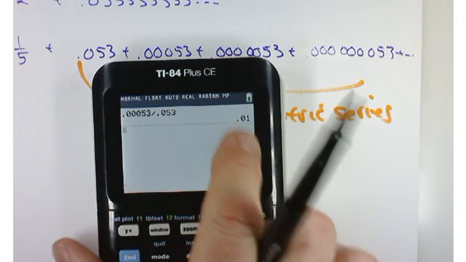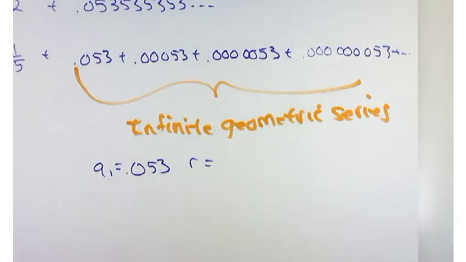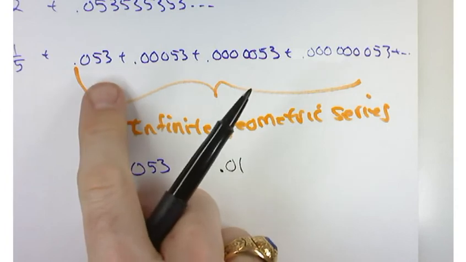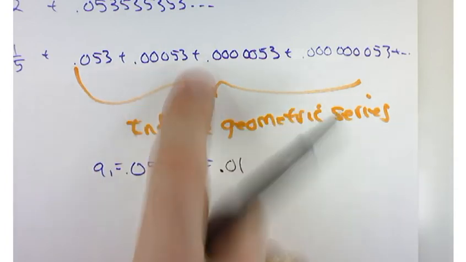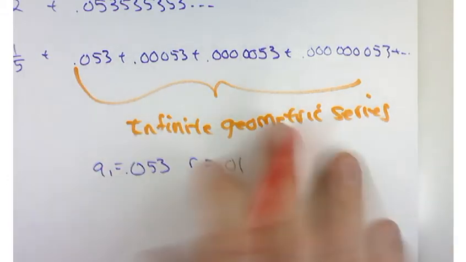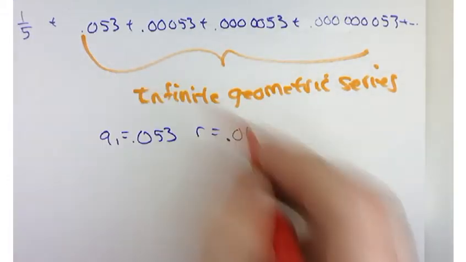What are you guys getting for r? 0.01. So 0.01 is really moving the decimal 2 places each time. Let's see if we can sum that up using the formula.